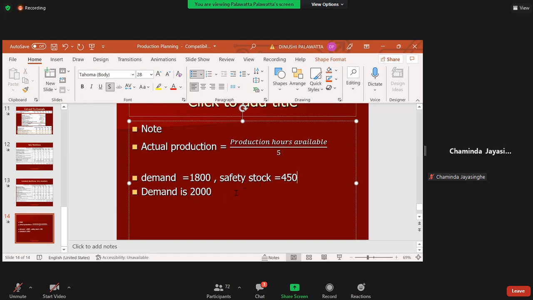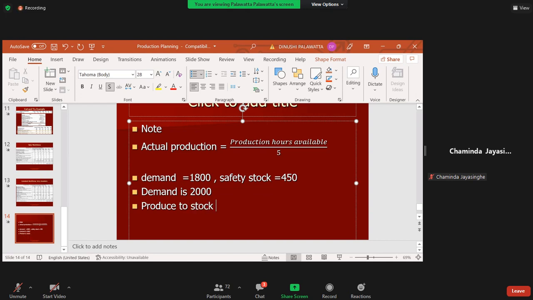So then safety stock is also, remember, these examples are produce to order, produce to stock.